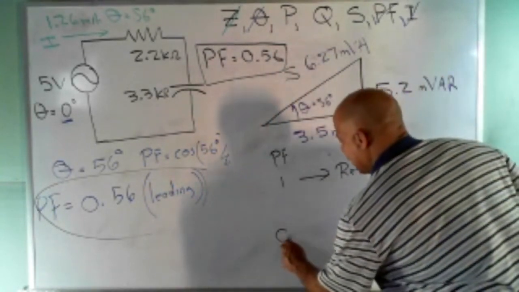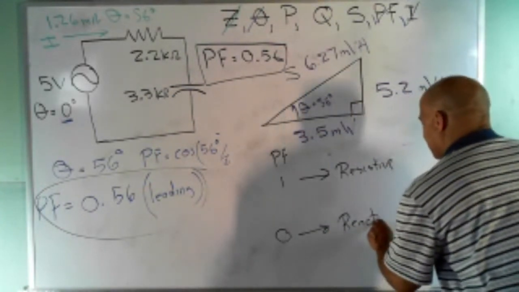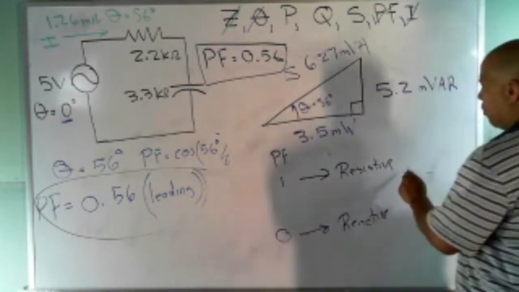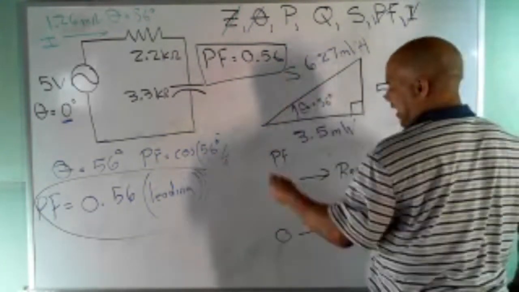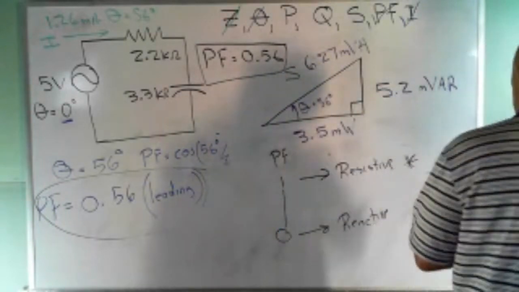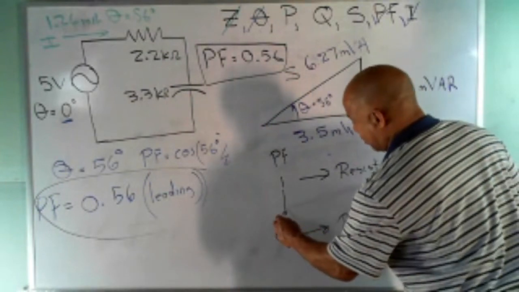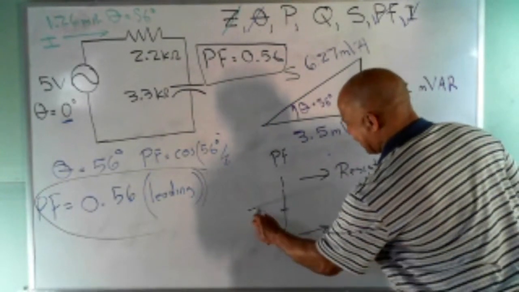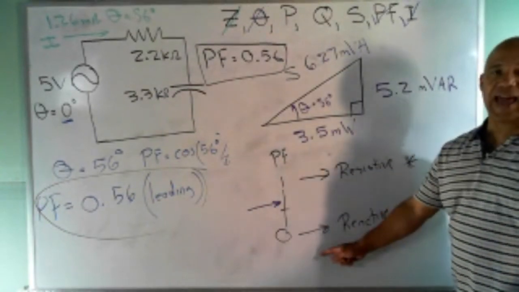If it's 0, it's 100% reactive. What we usually want is this. So that's about 0.6. On the scale, I'm not quite halfway, I guess a little more than halfway. So power factor is about right there. So it's closer to resistive than reactive.